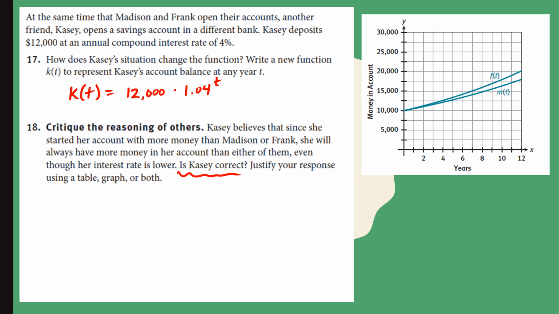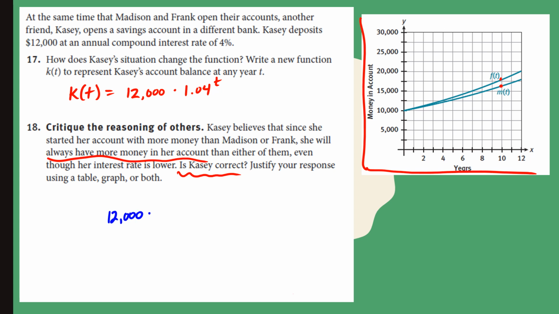It might be easiest. You could easily put her equation into GeoGebra and then make the viewing window match this scale and see how hers looks. She thinks that she will always have more money in her account. I know where these guys are after 10 years, so maybe it'd be easy for me to check Casey's after 10 years and see how it looks.